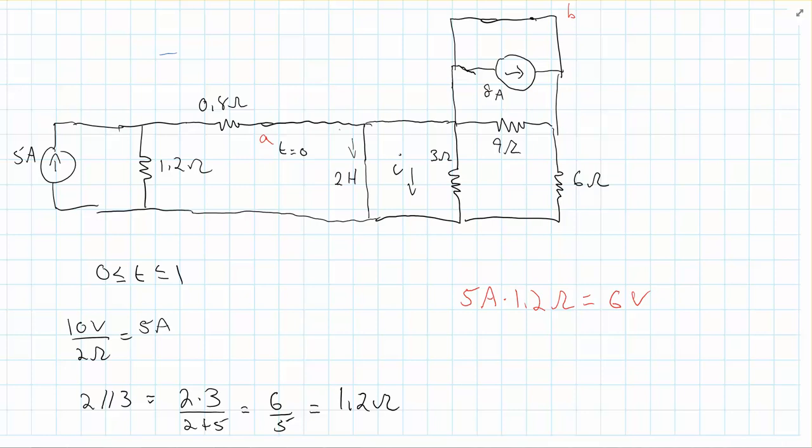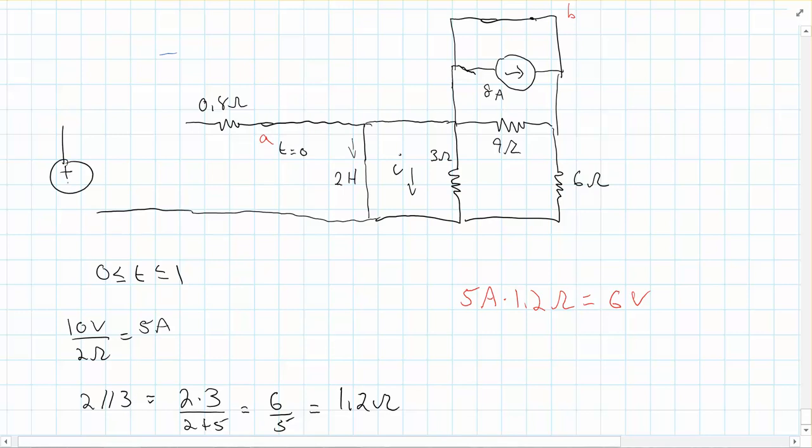So let's draw that. So this is now gone. And now I've got a voltage source here of 6 volts. Now, on an exam or a homework, I would recommend redrawing the circuit as opposed to doing what I'm doing, because I need to be able to follow your work. If I can't follow your work, I might not give you full credit for the problem.